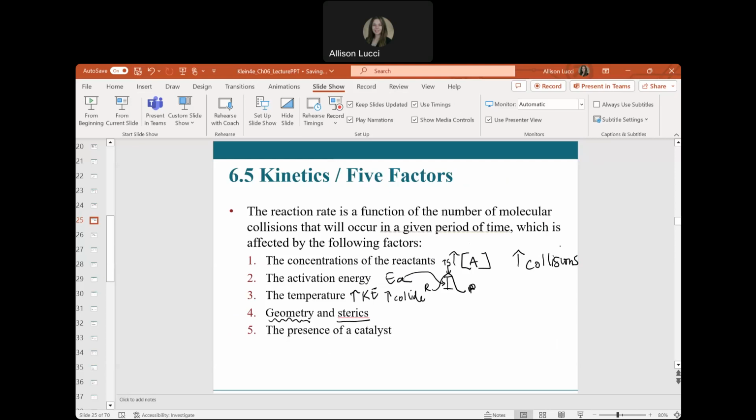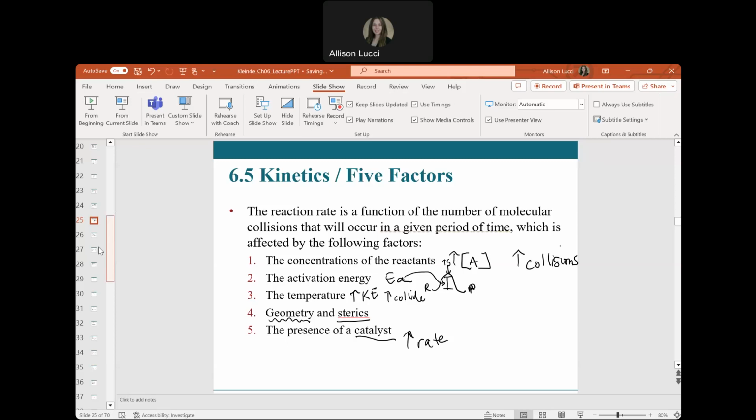Things like steric hindrance will be discussed later on, or reasons that certain shapes of molecules prevent reactions from happening. So the shape. And then, of course, if you remember what a catalyst is, this lowers activation energy and then increases rate, right? So this is what a catalyst does. So of course, kinetics or rate will be affected by that last part there, that catalyst.